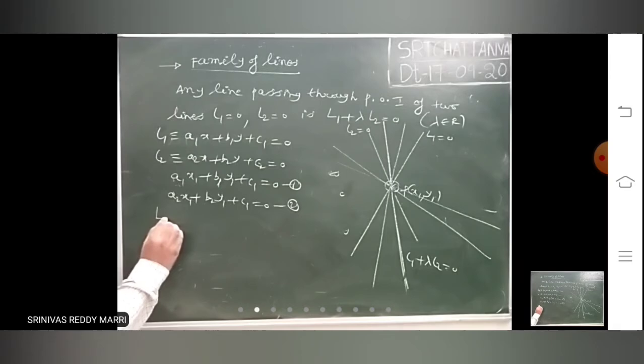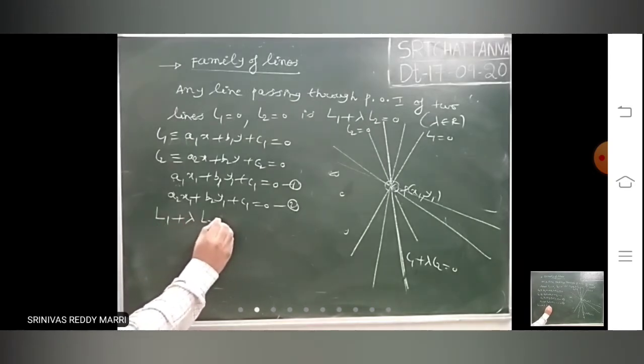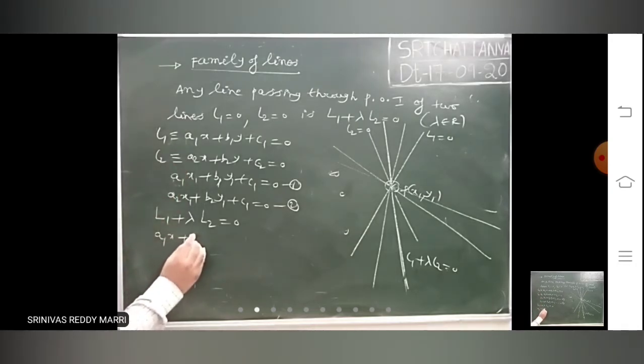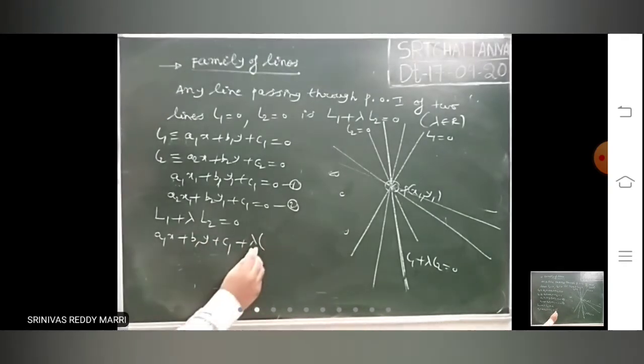Now you take the expression L1 plus lambda L2 equal to 0. This represents a line or not, we will see first.